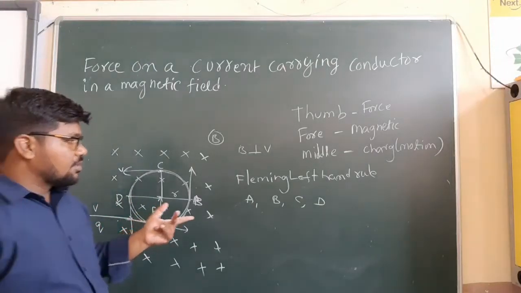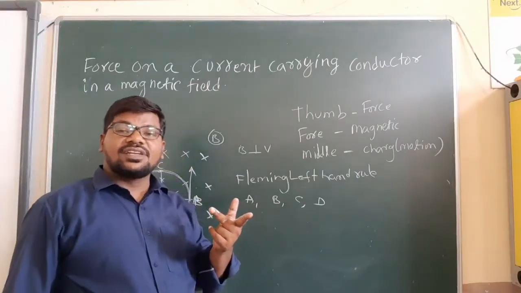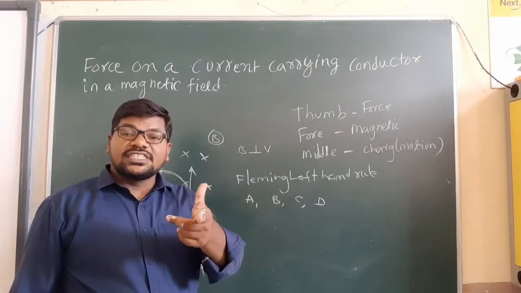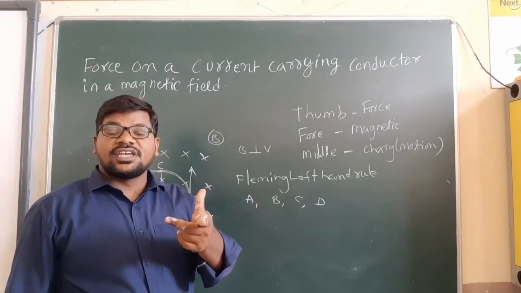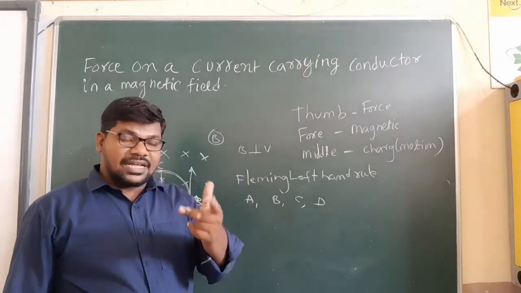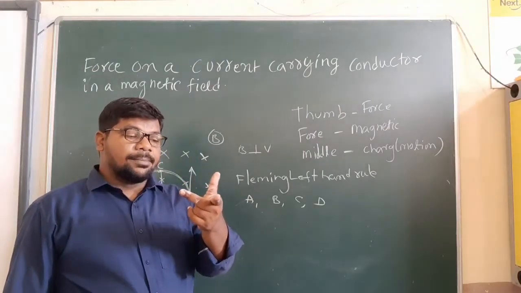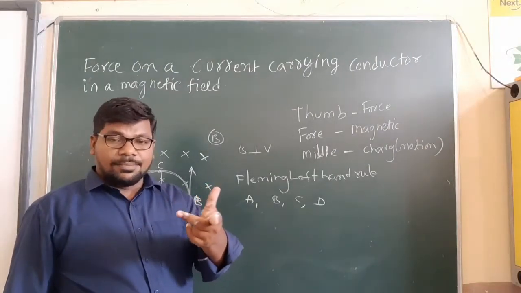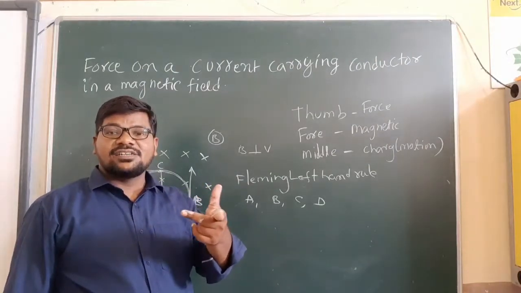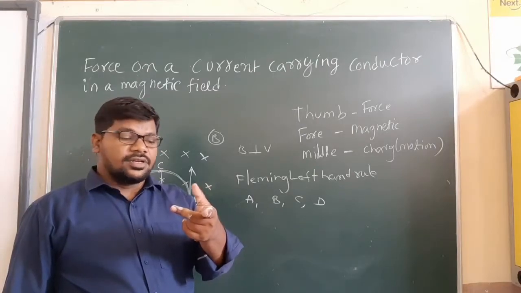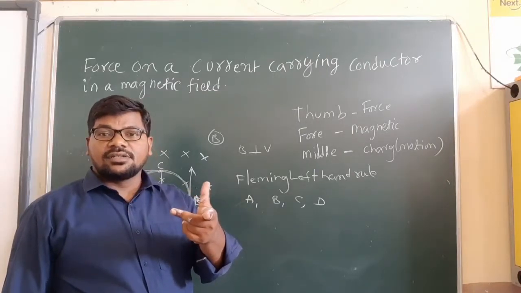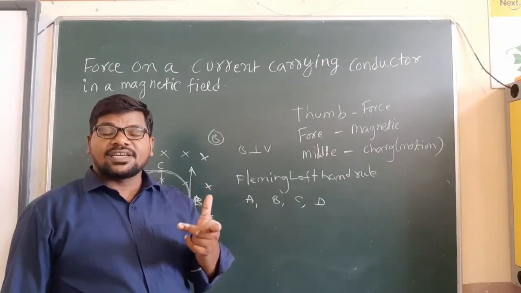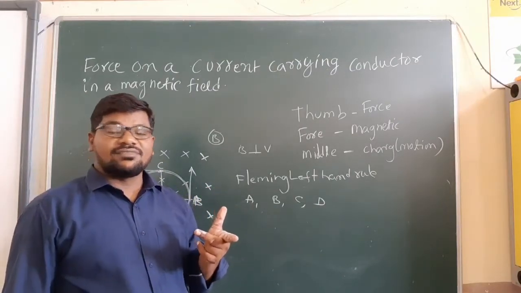Whenever the magnetic field and velocity are perpendicular to each other, a new force is generated, which makes the particle move towards the center of the circle.